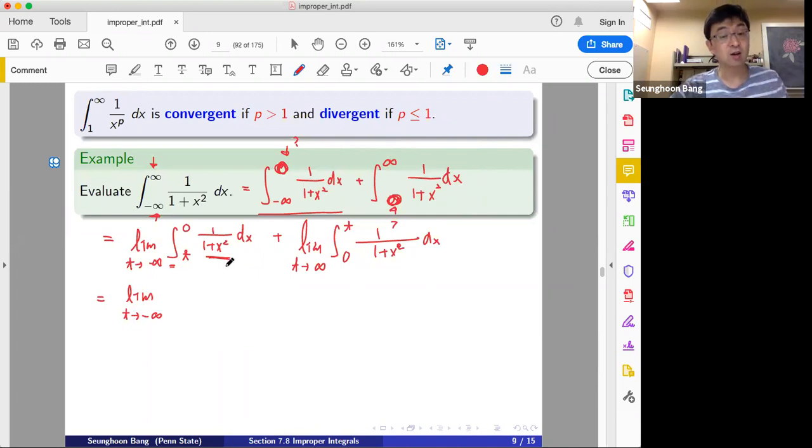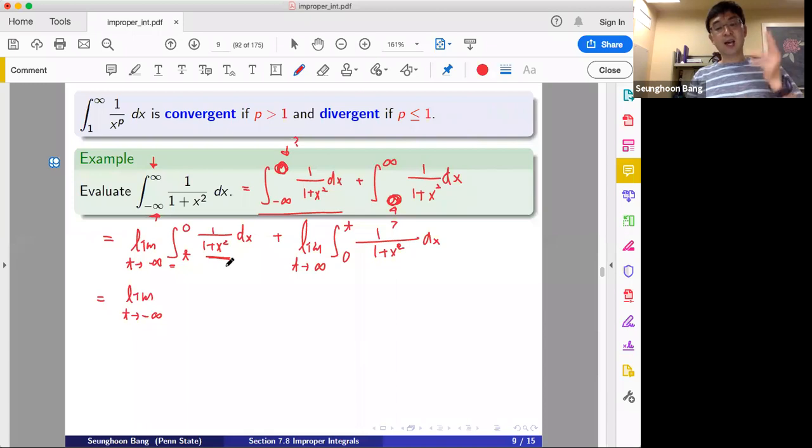What is the integral of 1 over 1 plus x squared dx? Could you write your answer on the chatting board? Yeah, 1 over a arctangent, inverse tangent, you're right.